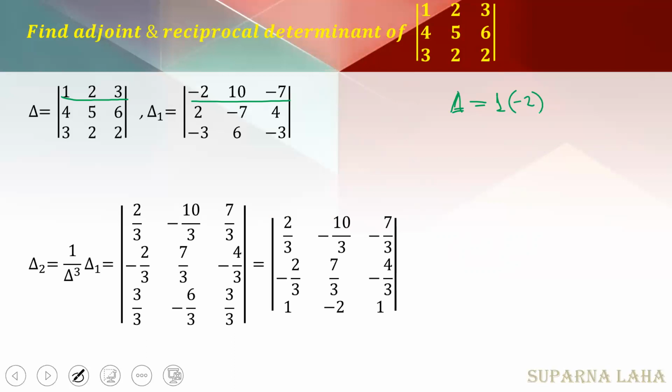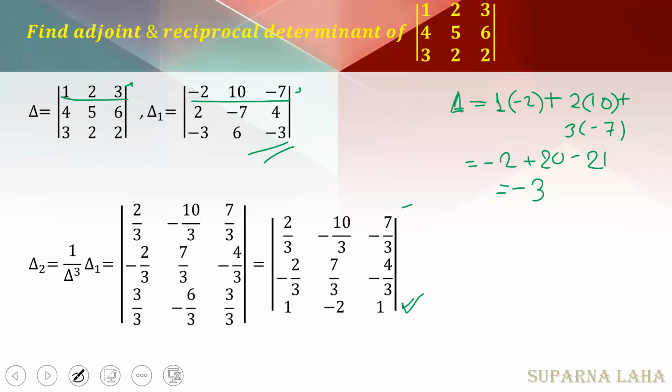So 1 into minus 2, that is minus 2, plus 2 into 10, plus 3 into minus 7, that is minus 2 plus 20 minus 21, which gives minus 3. Now divide all the elements of this adjoint determinant by minus 3, and you will find this value. So this is your reciprocal determinant and this is your adjoint determinant.